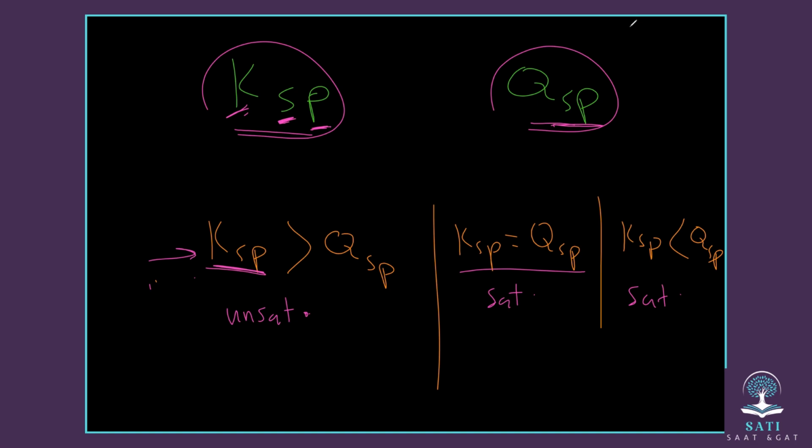So in the first case, there will be no precipitation when KSP is greater than QSP. Okay, what about the second one? There is also no change. And on the third one, there will be precipitation. There will be what? Precipitation in this case.